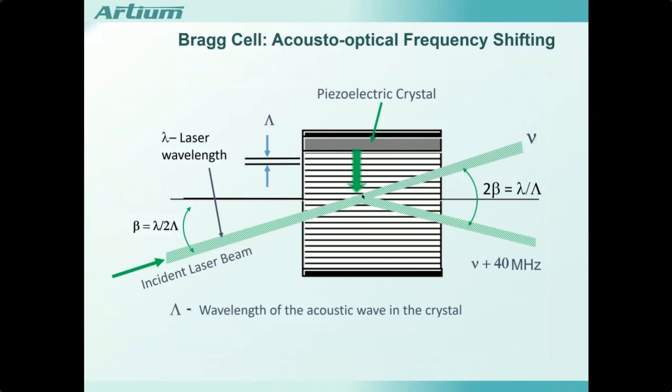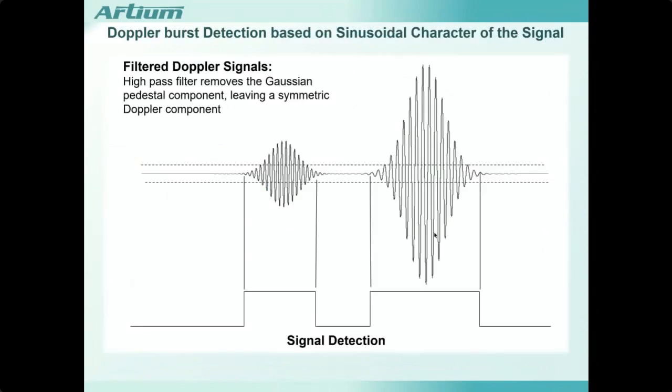Part of the beam is diffracted and shifted in frequency by 40 megahertz. That's due to the interaction with this 40 megahertz shift. So that diffracted beam gets 40 megahertz imposed. And the other beam is unmolested. It essentially comes through at the same frequency. But when we mix these two together, we combine them to form that sample volume I showed you earlier. We have fringes that are moving at 40 megahertz. So that gives us that directional certainty.